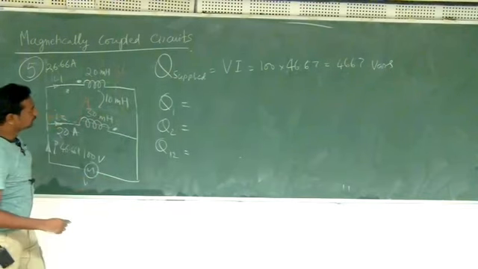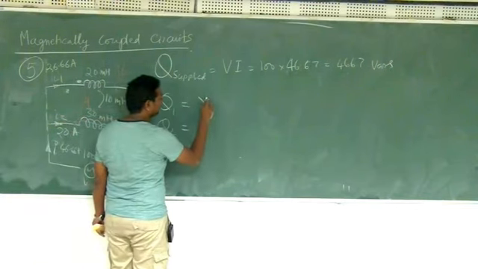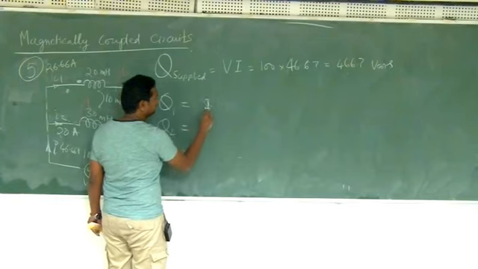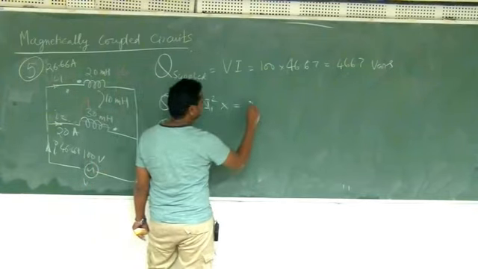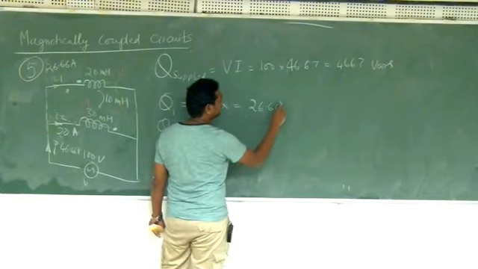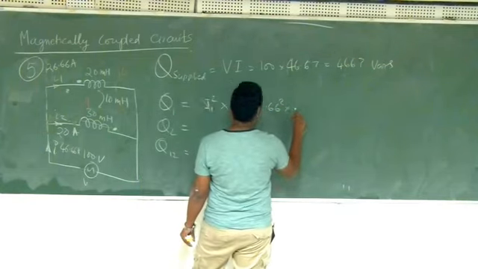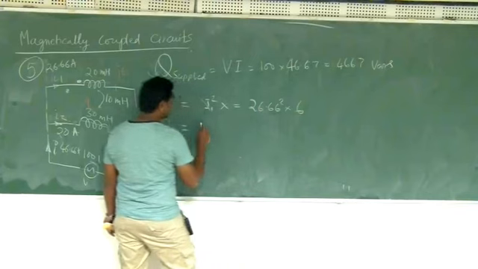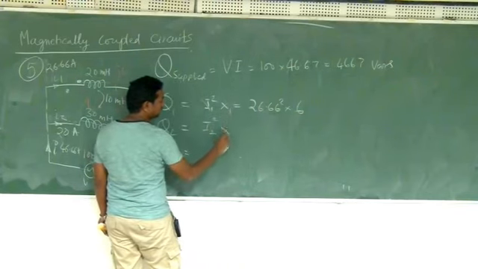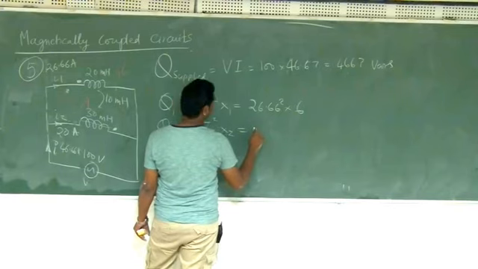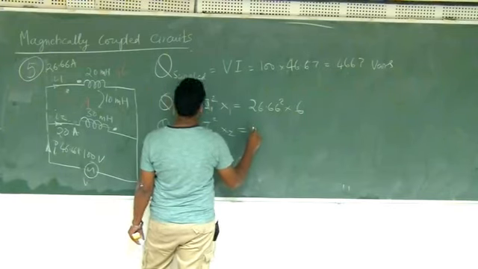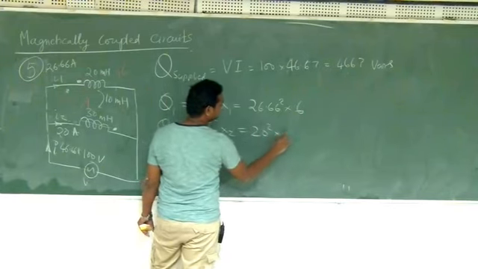So Q1 will be I1 square X1, which is nothing but 26.66 square into 6. Whereas this is I2 square X2, that will be 20 square into 9.